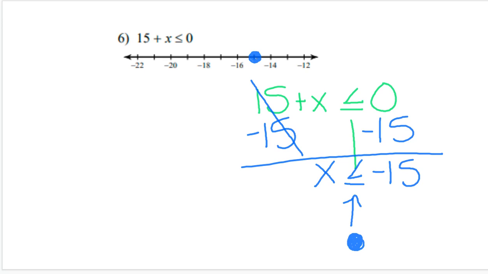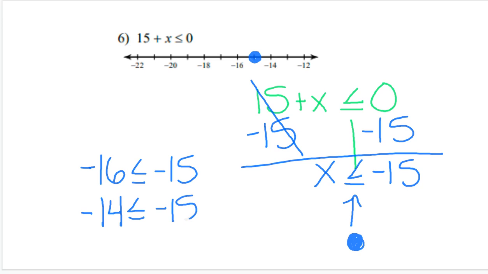So remember, we got to think about what we would plug into that x. Is negative 16 less than or equal to negative 15? Or is negative 14 less than or equal to negative 15? Remember, we've talked about this in prior videos.